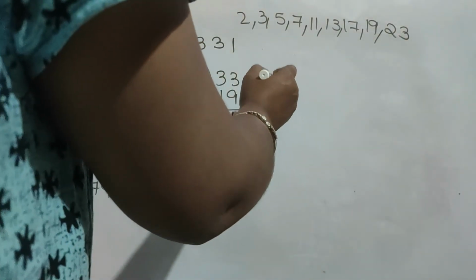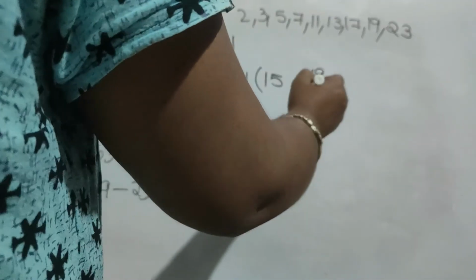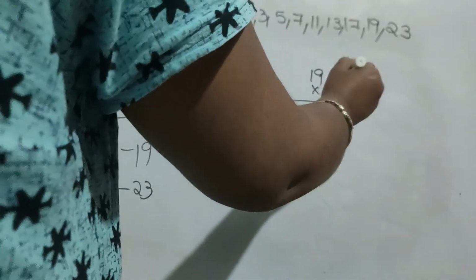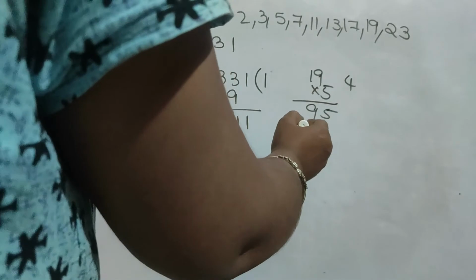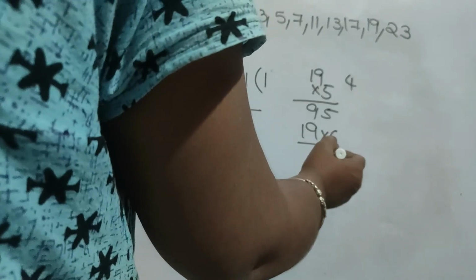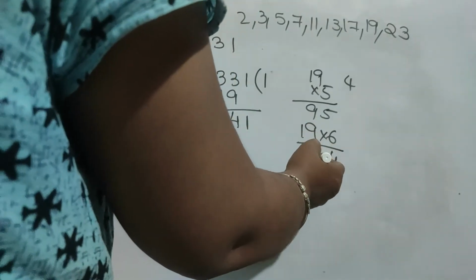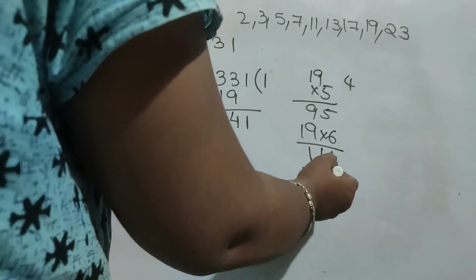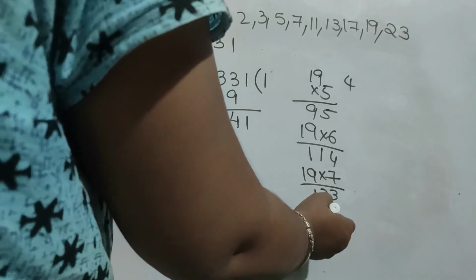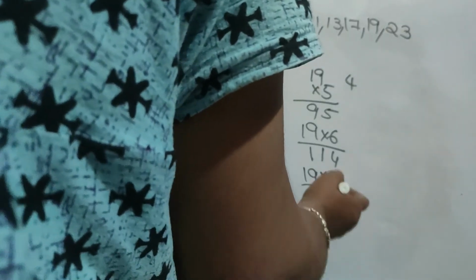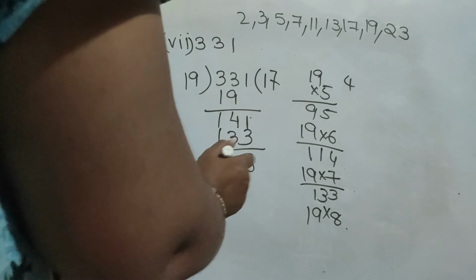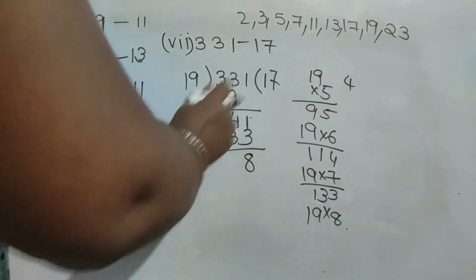And 5 nineteens are 95, 19 sixes are 114, 19 sevens are 133. So 7 times it is 133. 11 minus 3 is 8, which is 17.